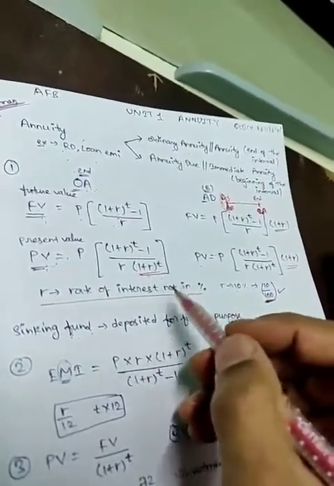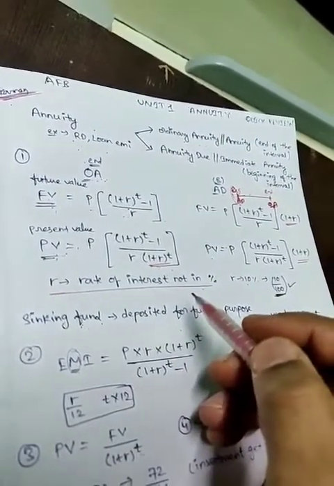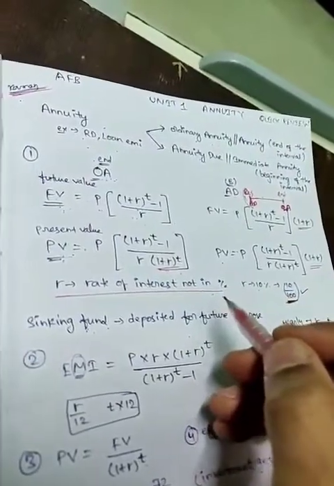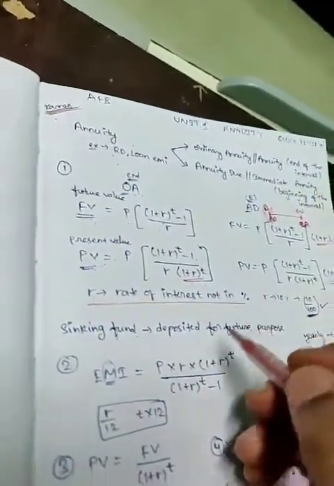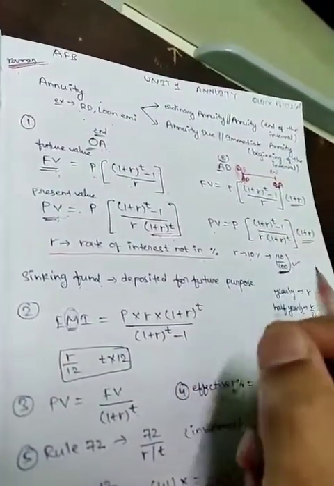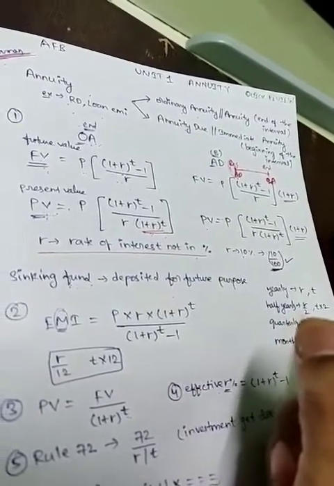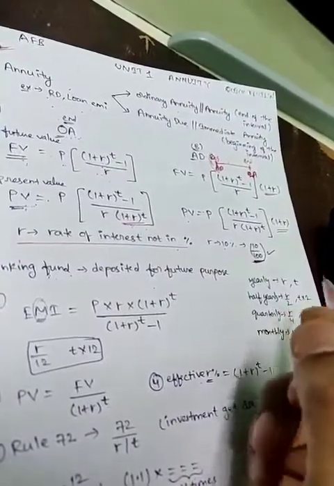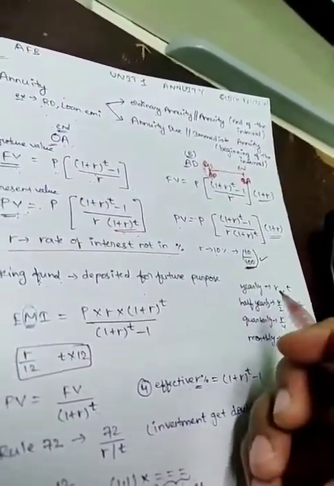Please observe a note point here. I have mentioned R, rate of interest, not in percentage, because if in the question R is given as 10%, we substitute it as 10 by 100, not as 10, in the formulas. One more note point: in the question, the examiner will clearly mention terms like present, beginning of the interval or end of the interval, so that whenever we notice these terms, we know which formula to use.